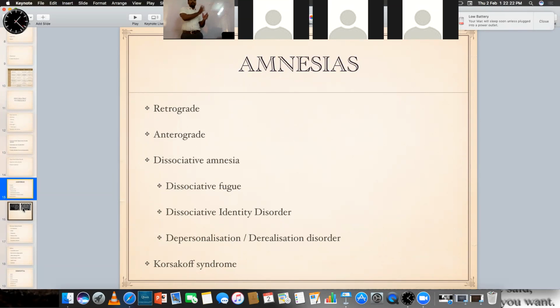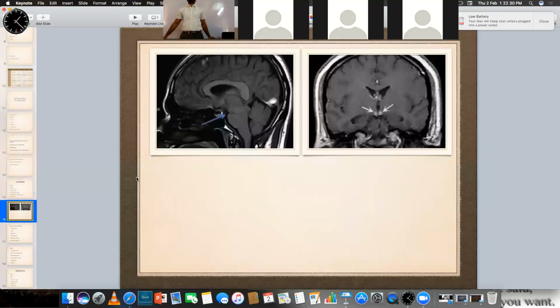So that lapse of memory he'll cover by confabulating. That is confabulation. That is Korsakoff syndrome. Basically, what is damaged because of vitamin B1 deficiency is your mammillary bodies. So in Wernicke's-Korsakoff syndrome, the part of the brain that is damaged is the mammillary body.